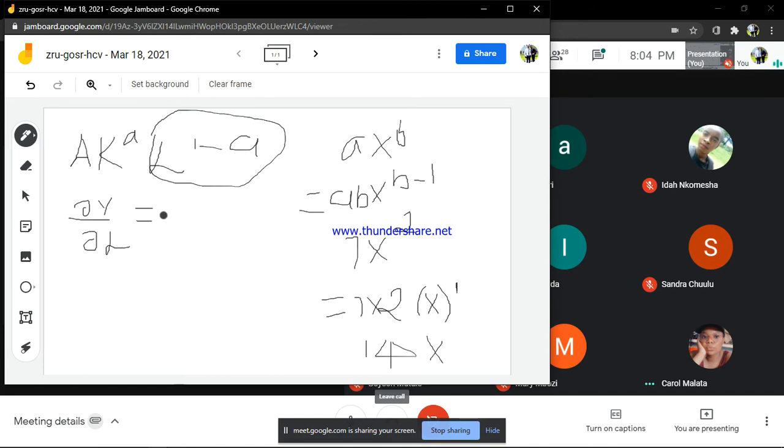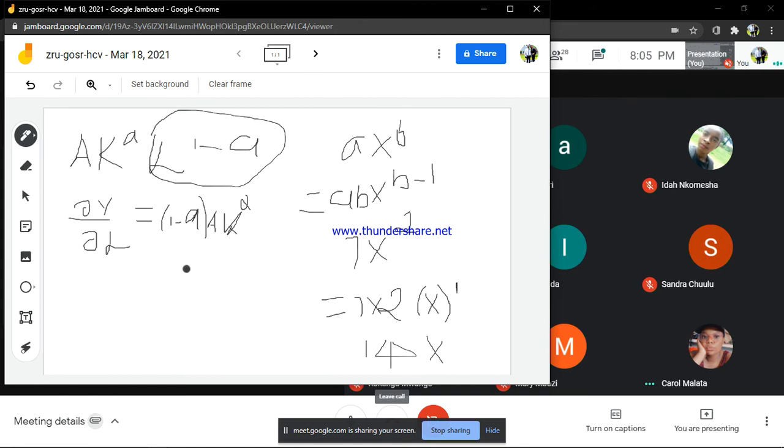So the change in Y due to the change in labor will be, I'm going to open with 1 less alpha, times, so I have this, which is my b in this case, multiplying by A K raised to the power alpha.